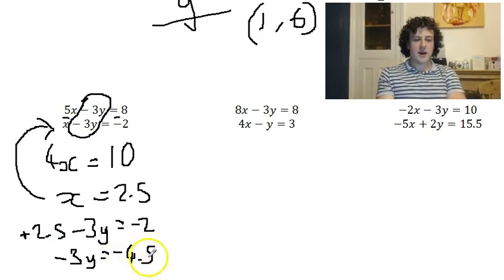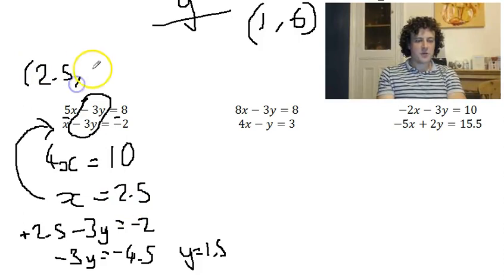If we divide minus 4.5 by minus 3, then the minuses cancel, and a third of 4.5 is 1.5. So y is 1.5. Let me write the answer up here, where there's a bit more space. The x answer was 2.5, and the y value was 1.5.